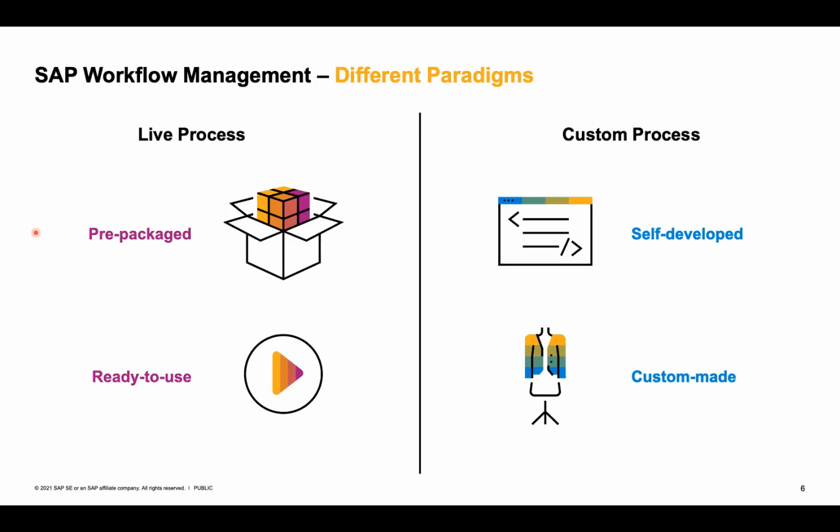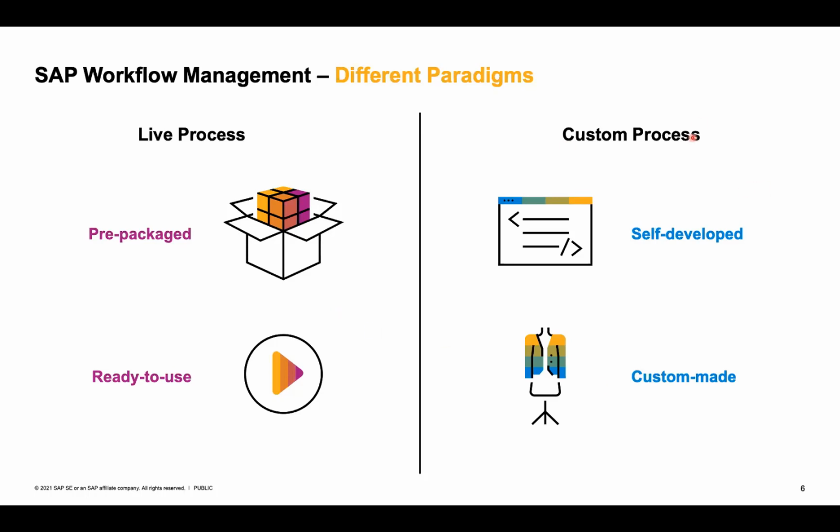So on the one hand side, we can just use these so-called live processes or live process content to use this pre-packaged content, which is already developed mostly and just needs to be activated and is more or less ready to use. So that's more or less the equivalent to the standard workflows in the old on-premise world when you were working with the business workflow, SAP Business Workflow.